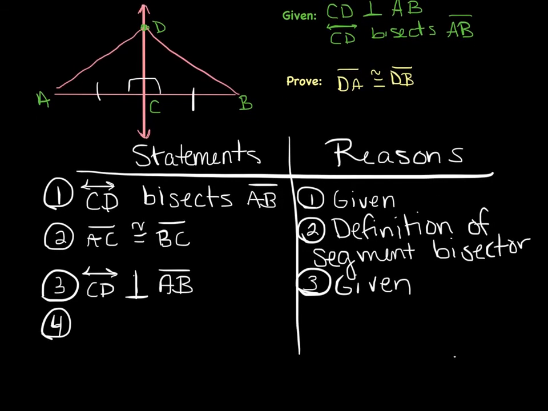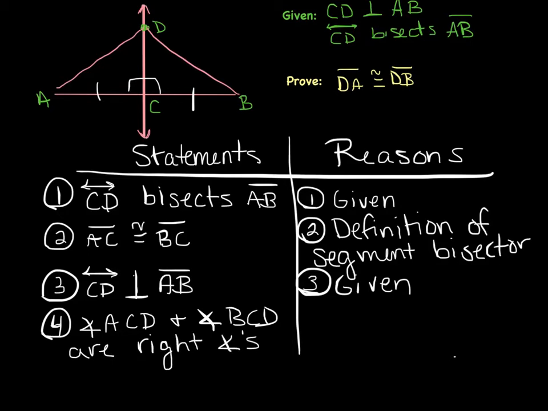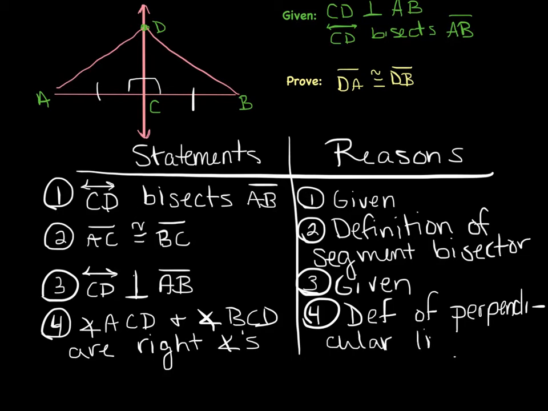So it tells me that angle ACD and angle BCD are right angles by definition of perpendicular lines. Perpendicular lines form right angles.